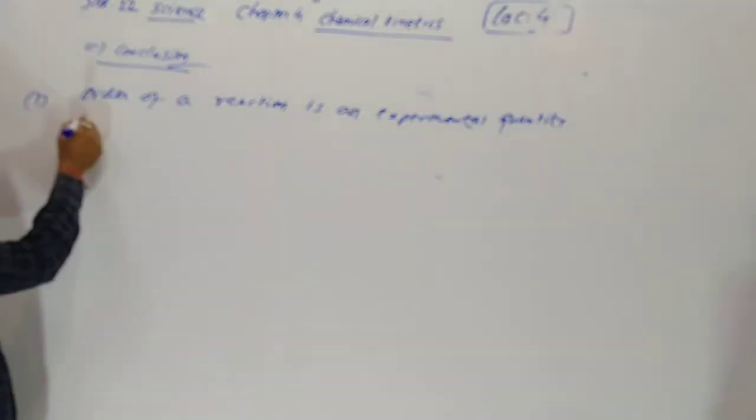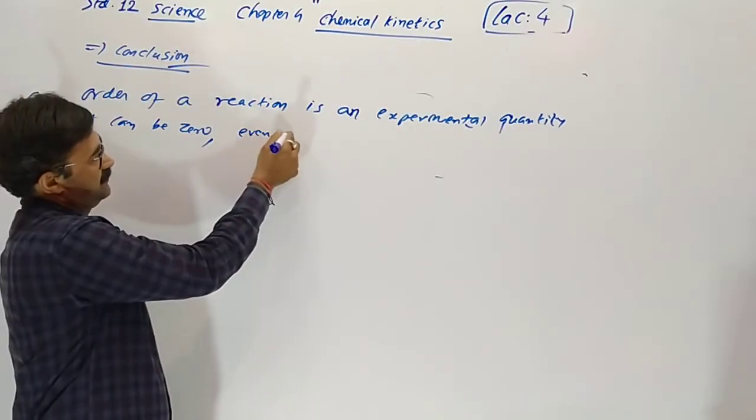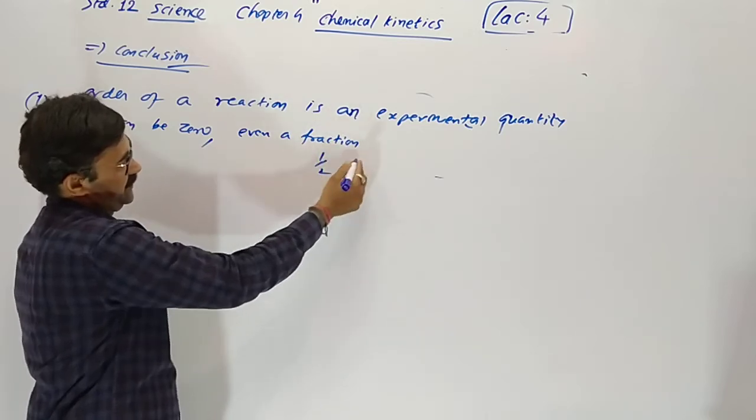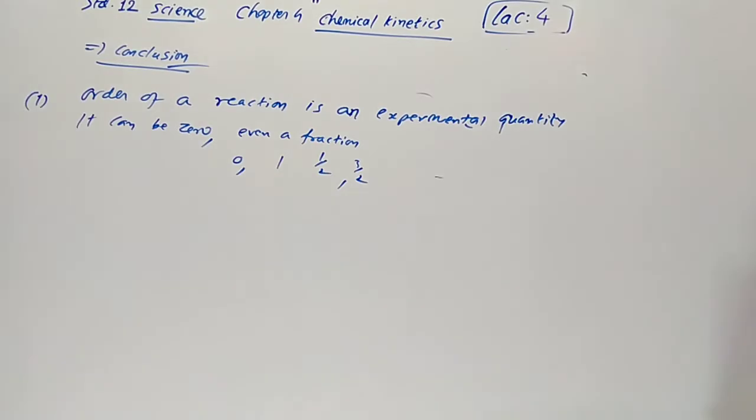It can be zero, as we discussed, and even a fraction. Order of reaction can be 1 half, 3 half, 0, positive.